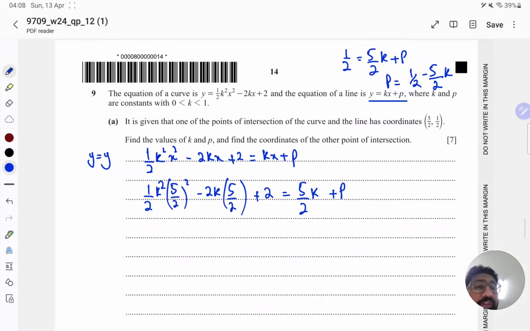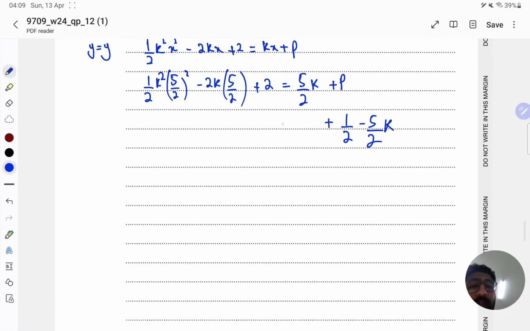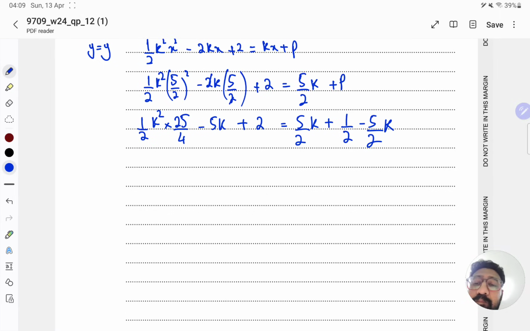We are going to substitute this value of p here, which is 1/2 minus 5/2 k. If I expand it, it will be 1/2 k squared into 25/4. This 2 and this 2 will cancel out, minus 5k plus 2.